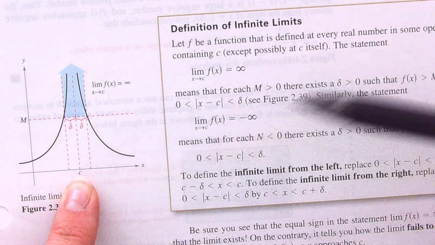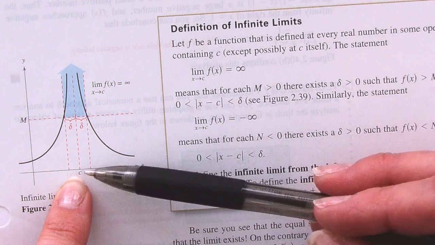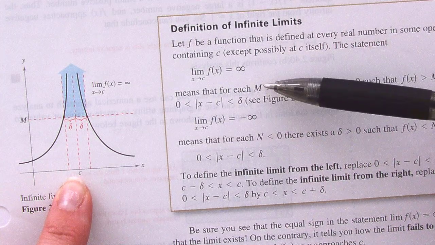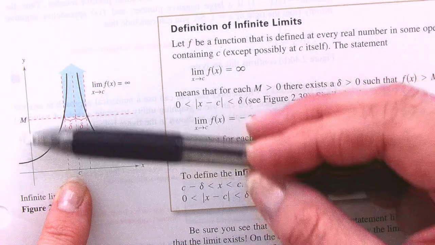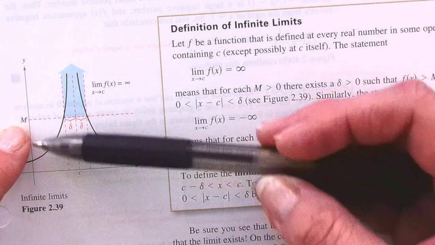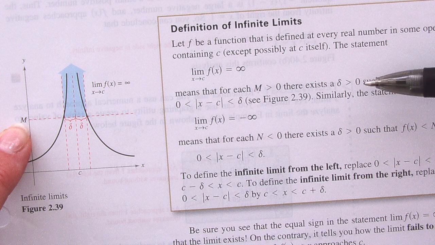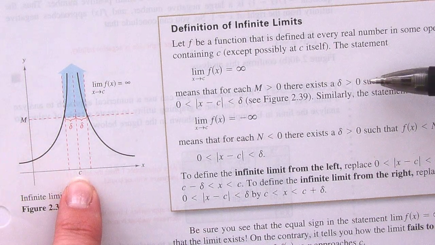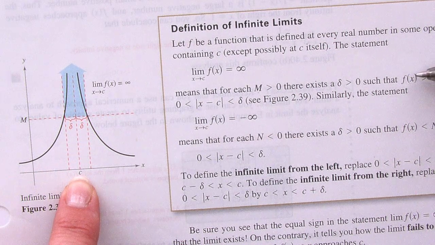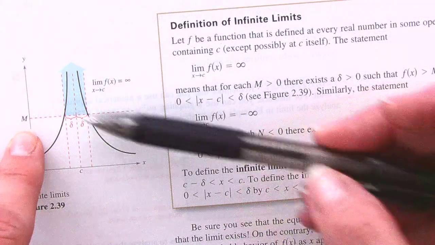If we take the limit as x approaches that value c and we get positive infinity, that means I can pick any y value, m, that is greater than 0, and then there's a delta, which is the distance away from that target value or the vertical asymptote c, so that the y value f of x is greater than this m value that I chose.